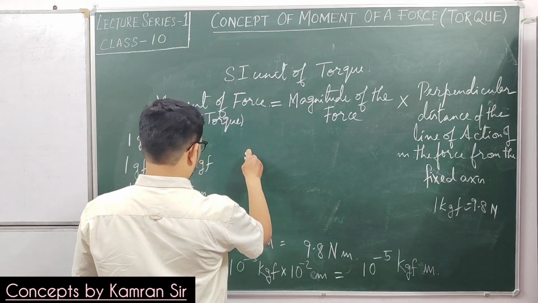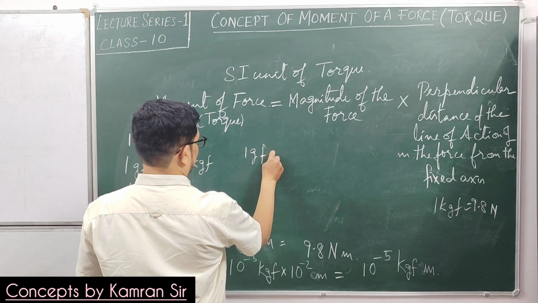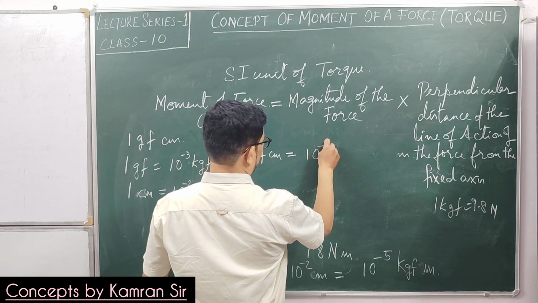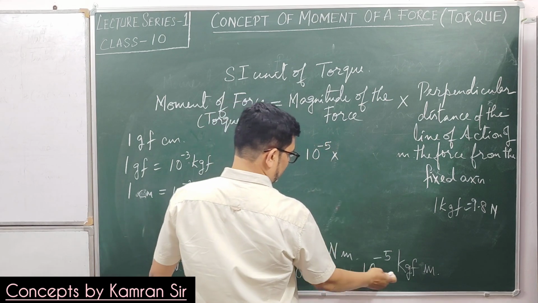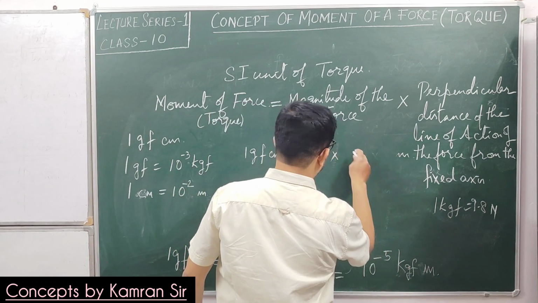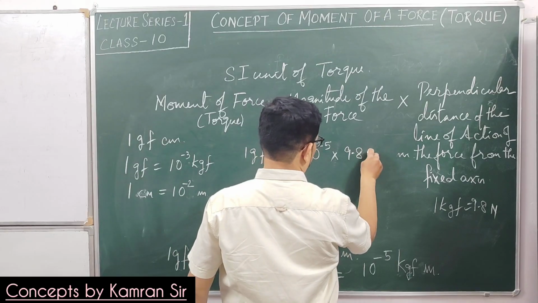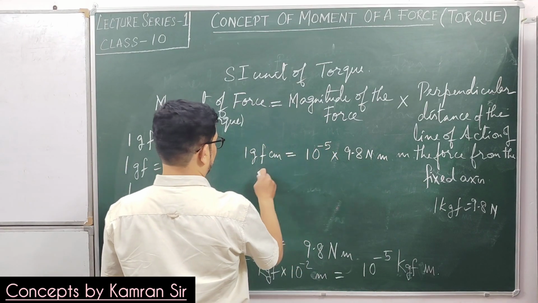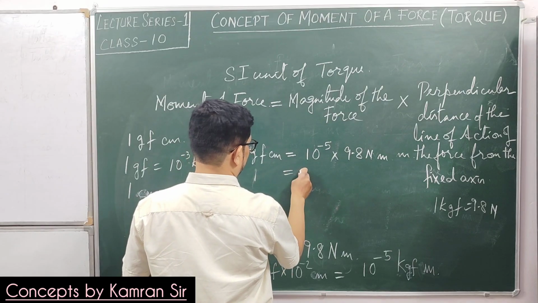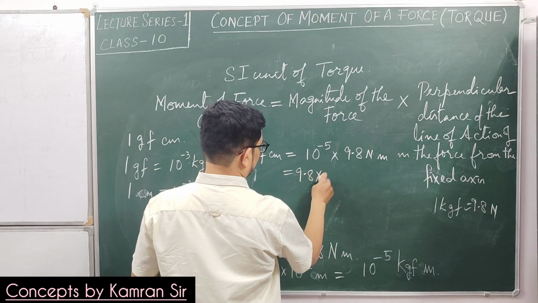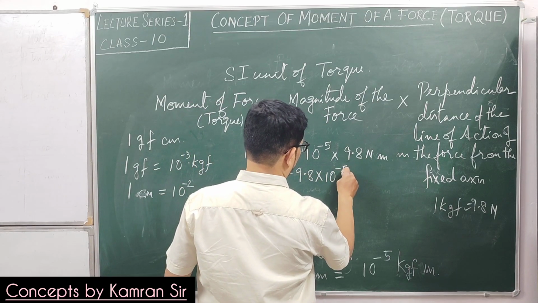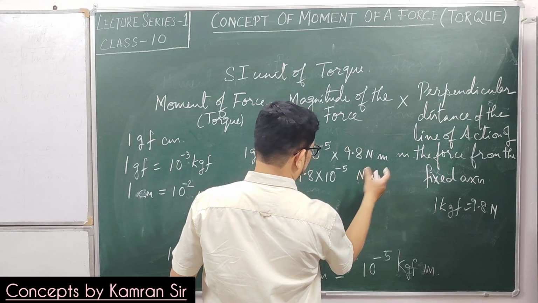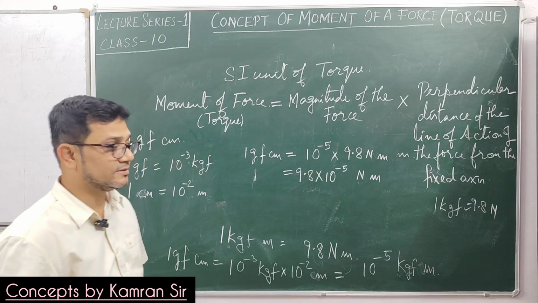So 1 gram force centimeter is equal to 10 raised to the power minus 5 times, now 1 kilogram force is 9.8 Newton and meter remains as it is, right? So this is equal to 9.8 times 10 raised to the power minus 5 Newton meter. And we know this Newton meter can be converted into dyne centimeter, right?